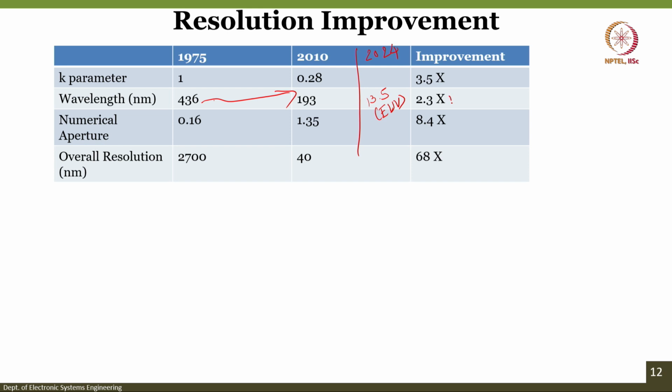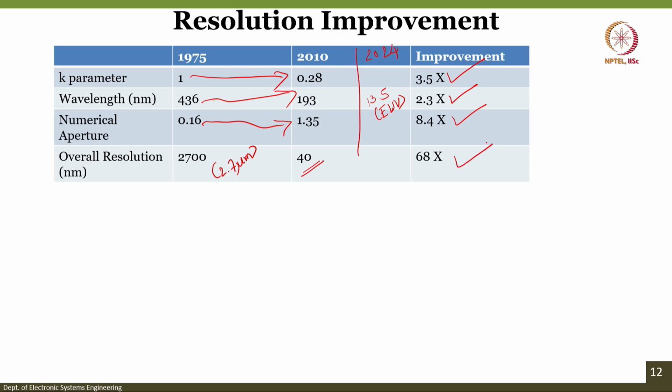It has decreased 2.3x if I consider only these two values, 1975 and 2010. Numerical aperture has significantly improved from 0.16 to 1.35, that is 8.4x, and your k parameter has changed from 1 to 0.25, so that is around 3.5 to 4x improvement. Overall, around 2.7 micrometer has now been reduced to 40 nanometer, 68x.